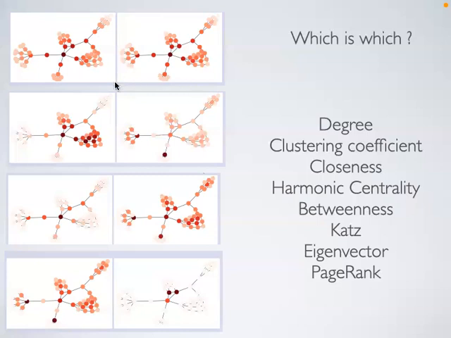Any other guess? 6 is degree. 1, 2, 3, 4, 5, 6. This one? Yeah, it's pretty hard because I think this one and this one are very similar. And one of them is a degree, but I don't remember which one. Which one? 1, 2, 3, 4, 5.